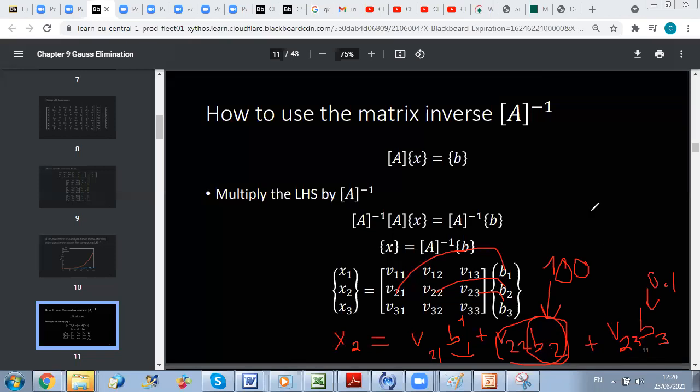So if I double B2, I can expect, if B1 and B3 are very small compared to B2, and V21 and V23 are in the same order as V22, then X2 will nearly double when I double B2. So I can have an idea about the effect of my coefficients B1, B2, B3 on X2 in a simple way.